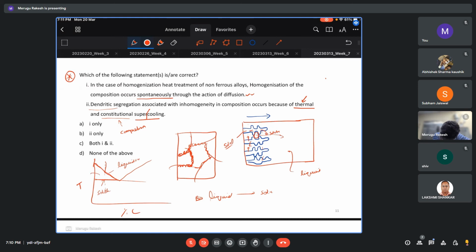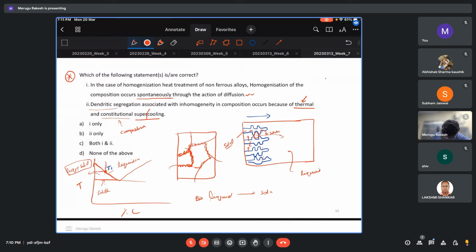So in this phase we have both liquid plus solid. Okay. So what is happening is this. So this actual melting point is this. This is the melting point. Say T1. I'm proposing T1 here.